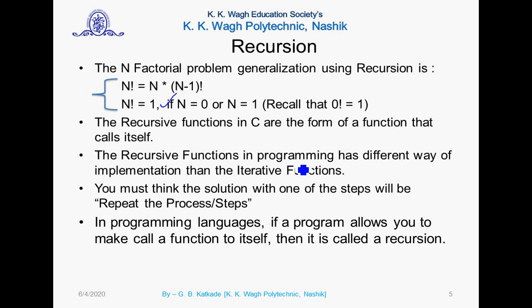To develop it, we have to think in a different way: the solution of the problem should be specified in terms of a mechanism where we can repeat a similar process with other values. That is how we specify here: repeat the process with the steps.